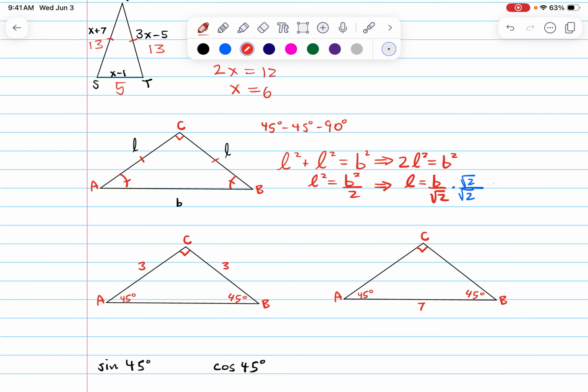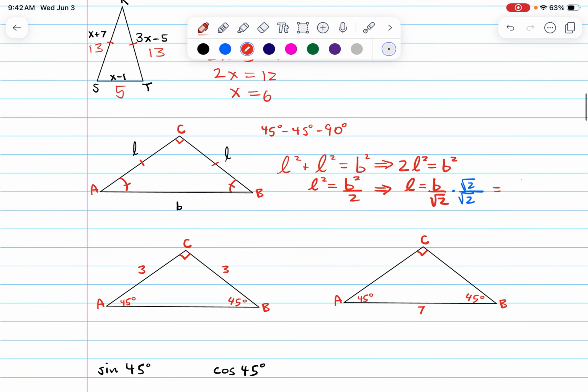So if you look at this, notice that the bottom is going to be the square root of 2 times the square root of 2. Okay? So we've got a 2 on the bottom. So we've got the square root of 2 times b over 2. Now, that means the length is equal to 1/2 b times the square root of 2.